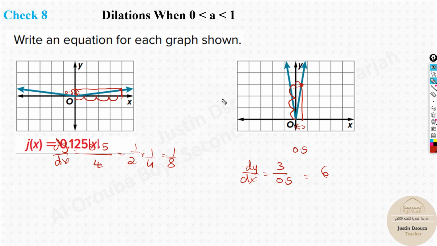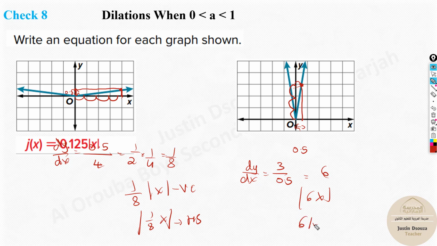Okay, so the answers now, it's up to you. Let me just try. It's 1 by 8 modulus x, or you can also write this as 1 by 8x, but this will be vertical compression, this will be horizontal stretch. You can write it like this or like this, and then here it is horizontal compression, vertical stretch.